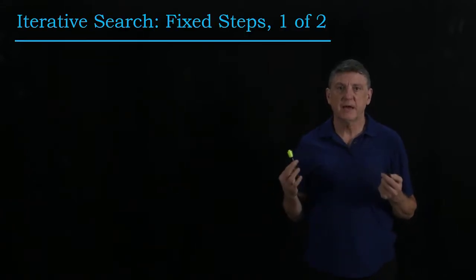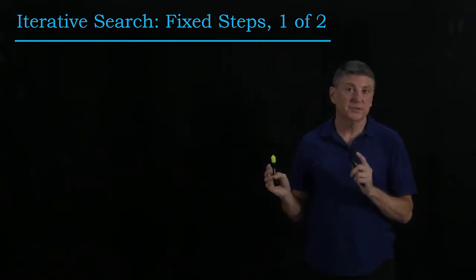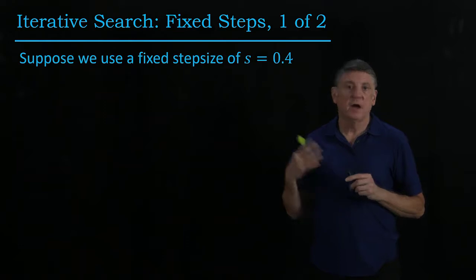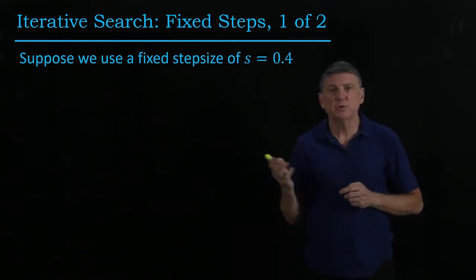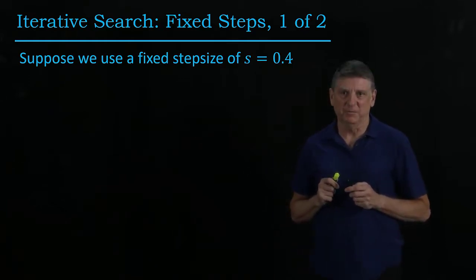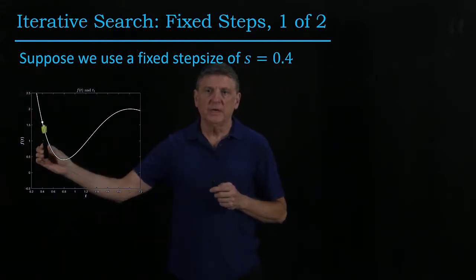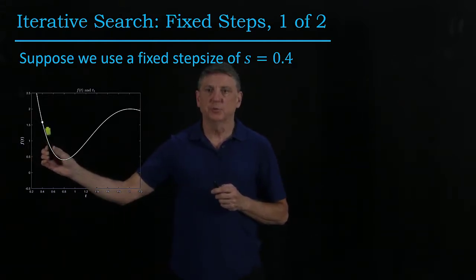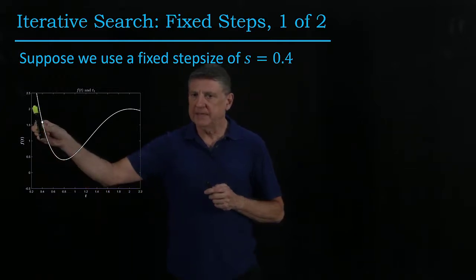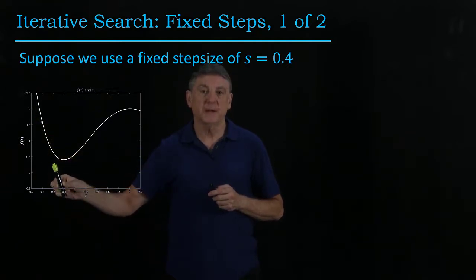Let's consider this case. Suppose that we have our dynamical system and we're restricting it between 0 and 0.6 as we did previously, and I'll pick a place to start. And suppose we use a fixed step size of 0.4. If we start here and we have a step s of 0.4, then at this point in the function, it has a negative derivative with a very large magnitude.